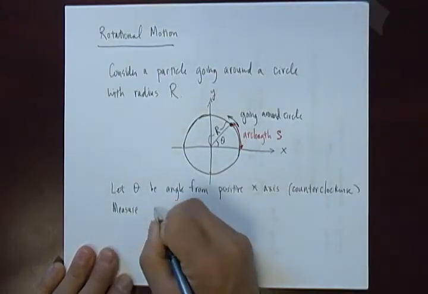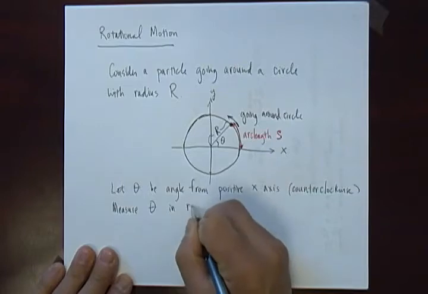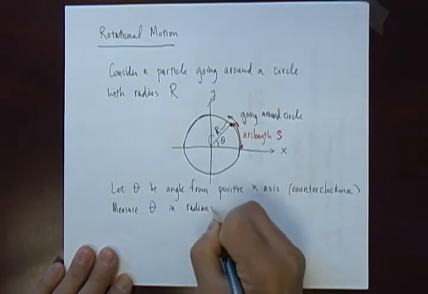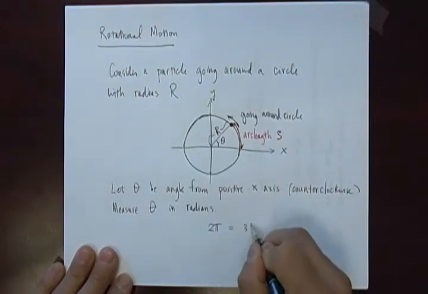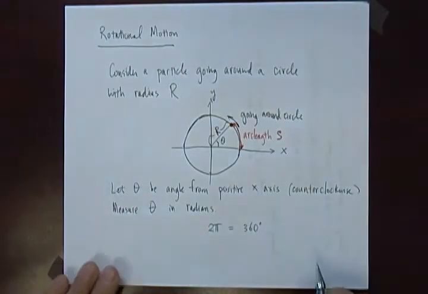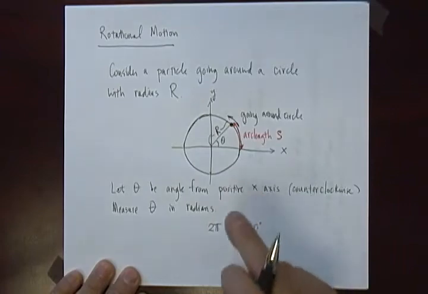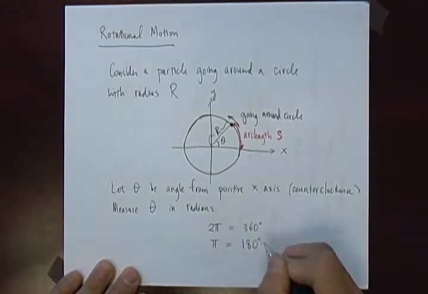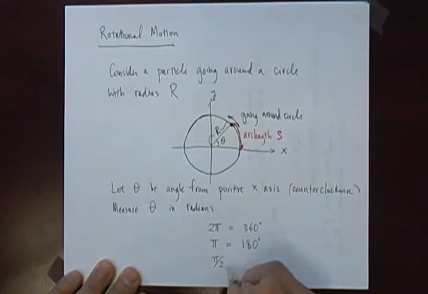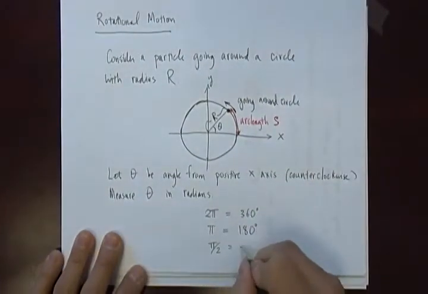It'll be convenient to measure theta in radians. Remember, 2 pi radians is equal to 360 degrees. 2 pi is one full circle around. So therefore pi radians is 180 degrees and pi over 2 is 90 degrees.